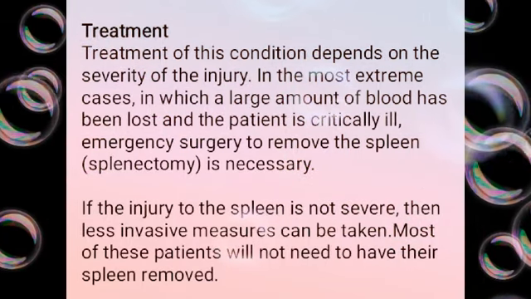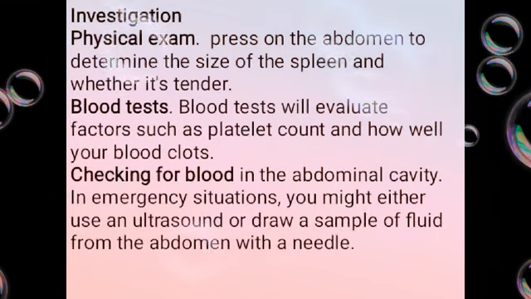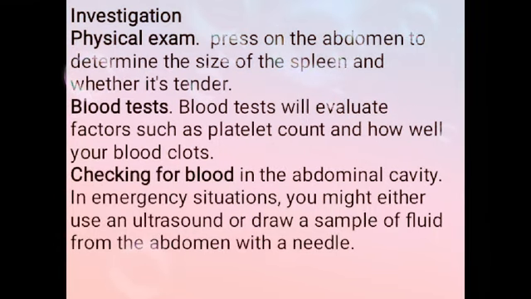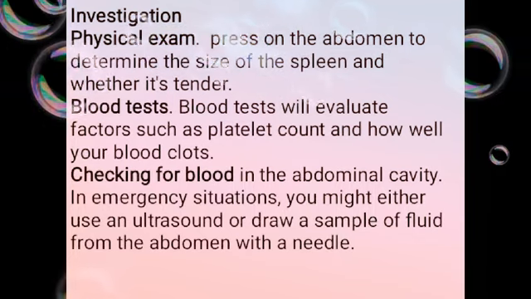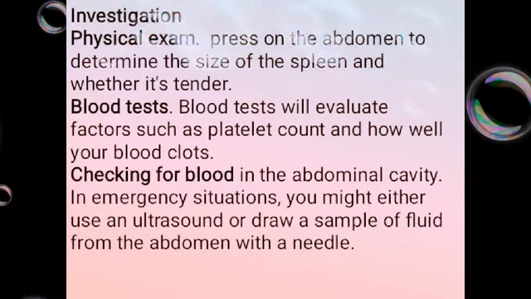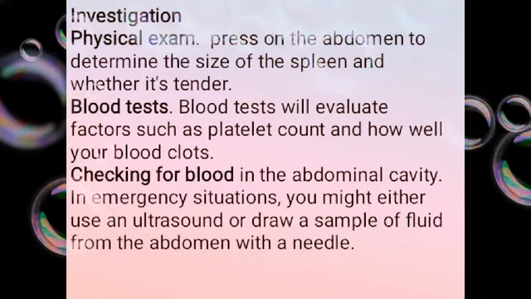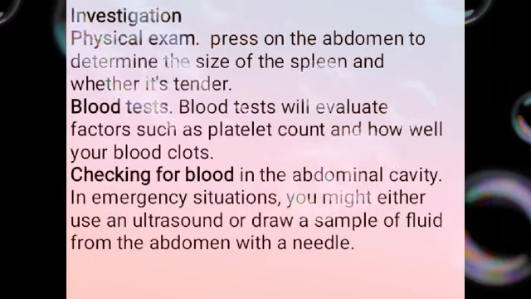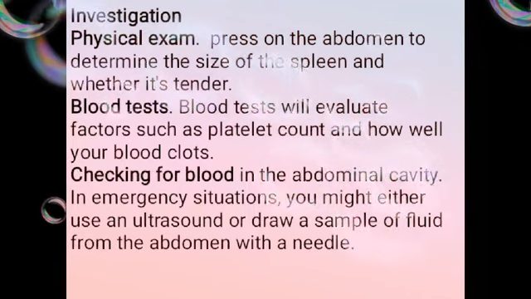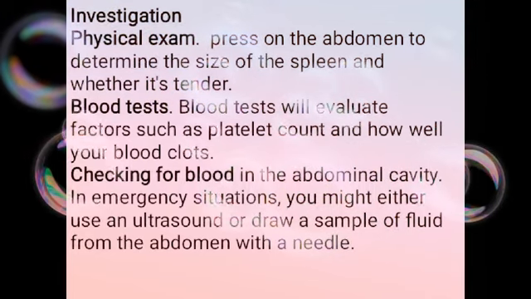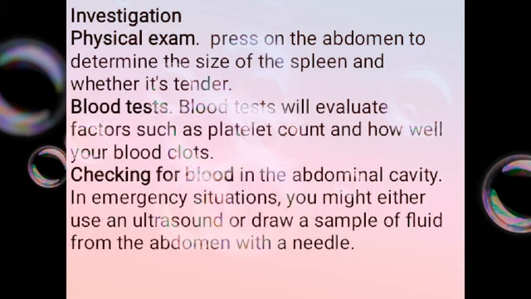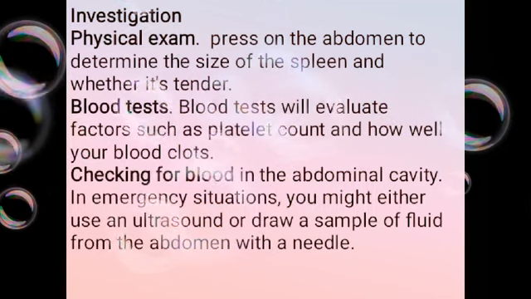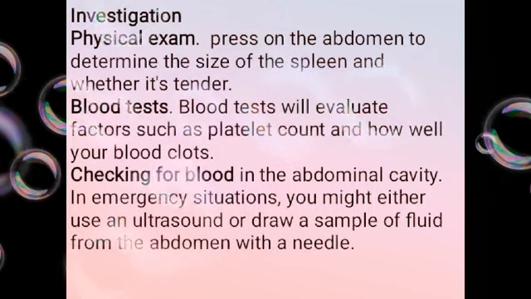So these are the investigations that you can take in order to rule for a rupture of the spleen. First, you can do a physical examination. As you palpate, the patient will show tenderness, and due to the inflammation, enlargement of the spleen can also be demonstrated.